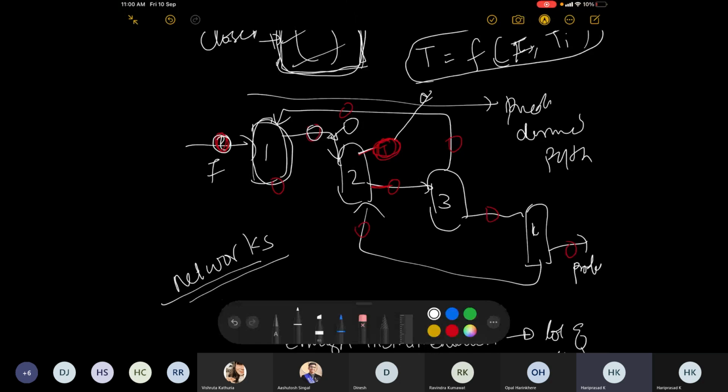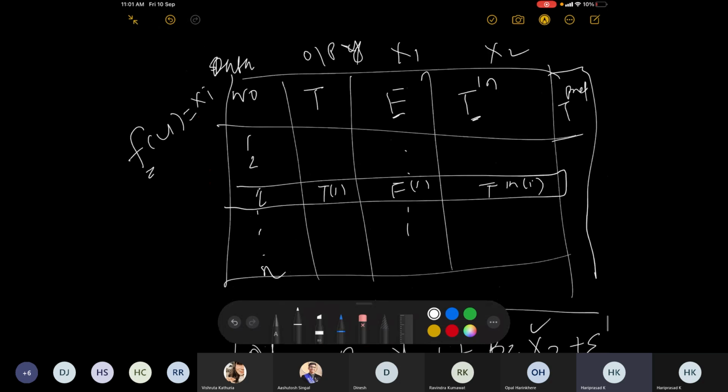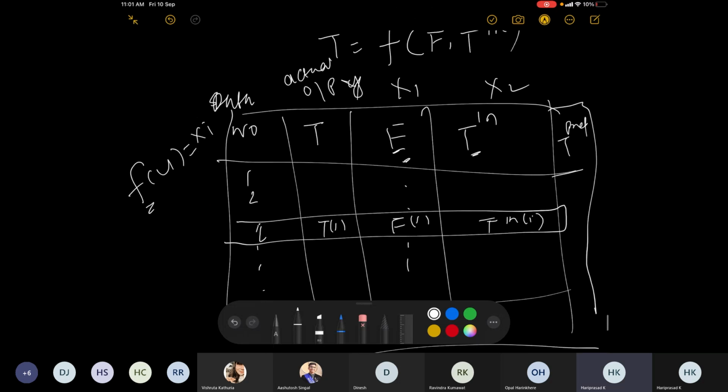You see here, all these measurements are recorded. Temperature is recorded, flow rate is recorded, inlet temperature is recorded. So they are all recorded and their actual value is available. So I will also put here as actual. These are all actual and one is predicted. You just use these two values to predict this.